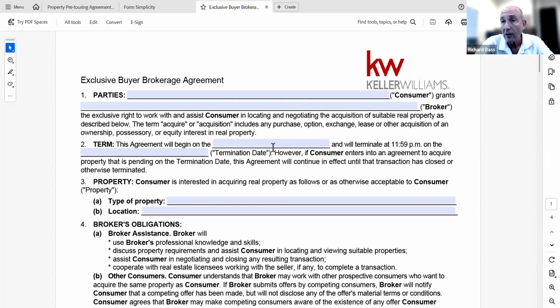You can transition to a transaction broker if need be, but this is what's building that relationship with somebody. This is what's showing them your true value proposition. And this document can actually be part of your buyer presentation, just like when you go to a seller's home, look through it, sit down and do your presentation, telling them what your value is.